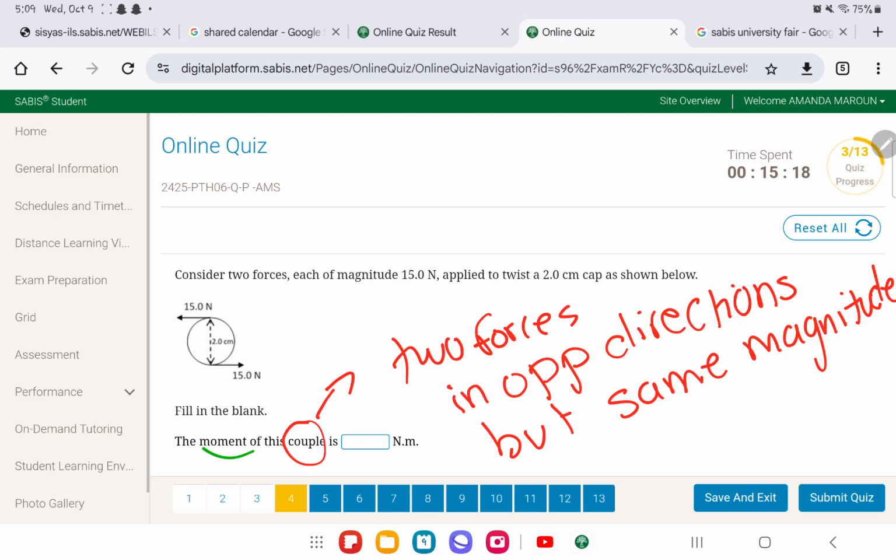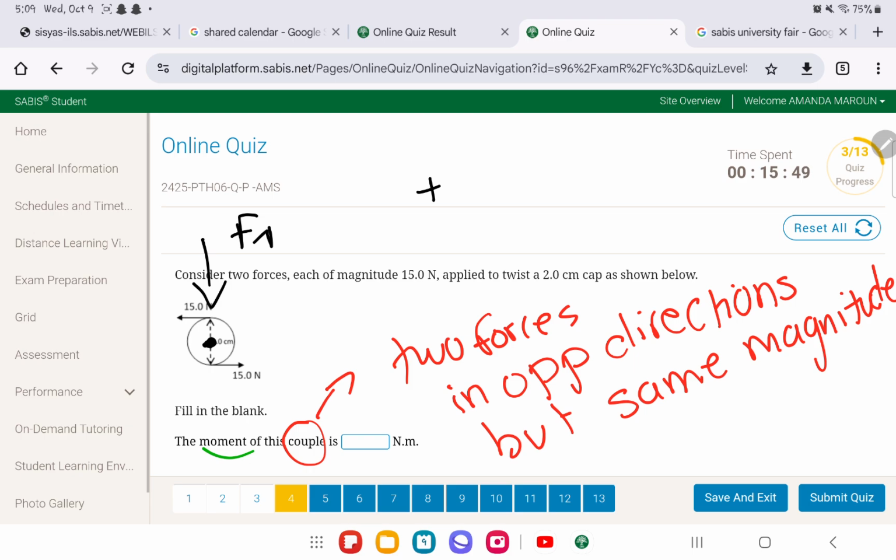Because if we apply the right hand rule for these forces, the axis is in the middle. We start by putting our right hand on this force over here, which we will call force 1. If we put our right hand on this force, we will notice that our thumb is pointing away from our screen, so it is a positive force.